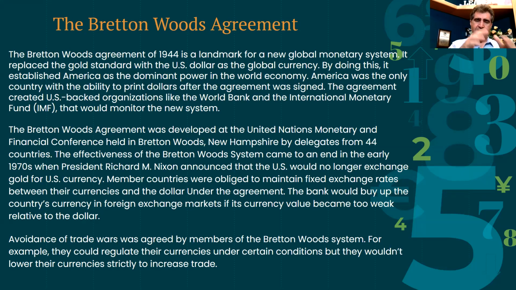Now, on the next slide, you will see the relationship between gold, the US dollar, and other currencies. The member countries were obliged to maintain fixed exchange rates between their currency and the dollar under this agreement. The bank would buy up a country's currency in the foreign exchange market if its value became too weak relative to the dollar.